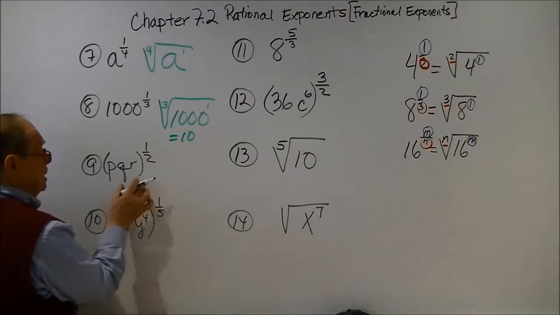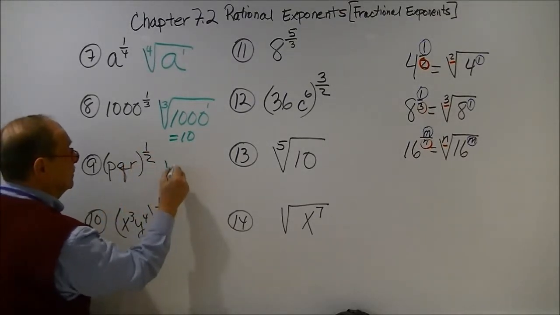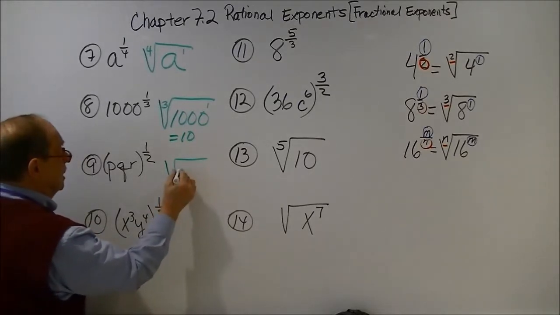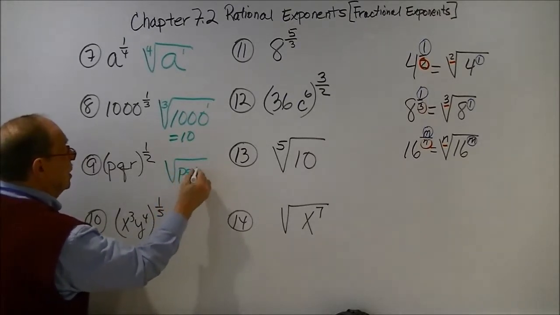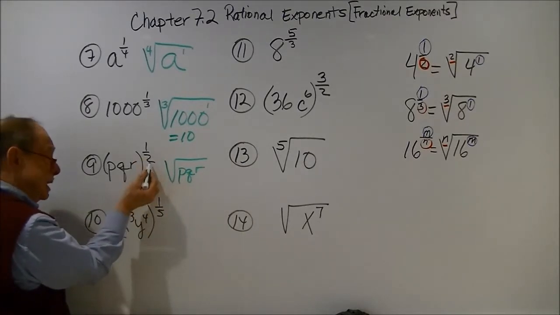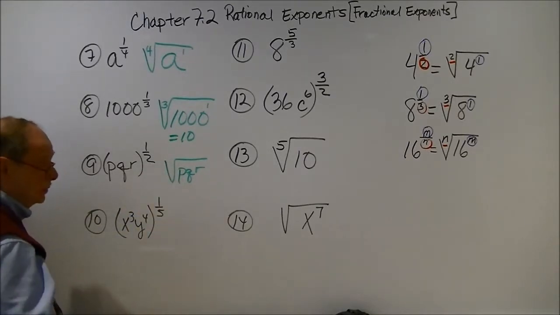Now for this one, again, it's a fractional exponent. We're going to convert it to its radical form, and the denominator will be our index number. Now I could put the 2 there, but again, you don't write the 2.